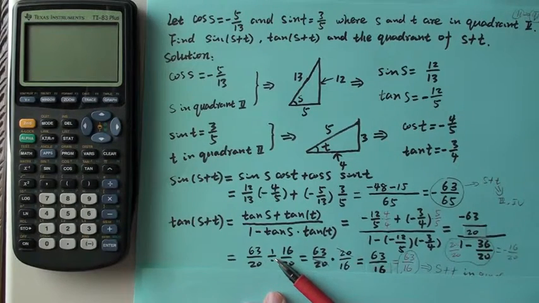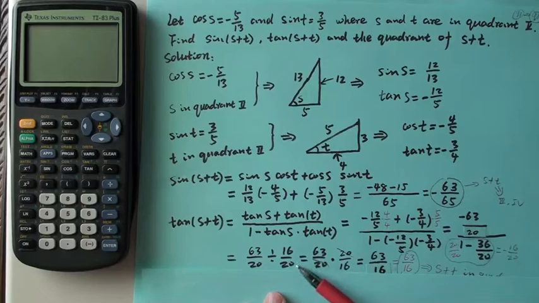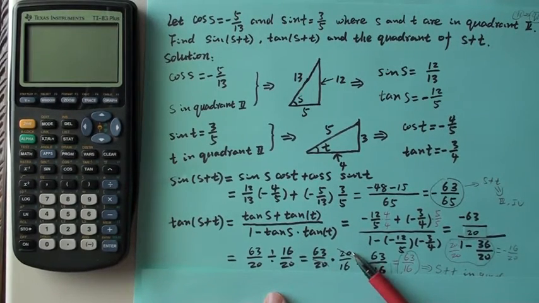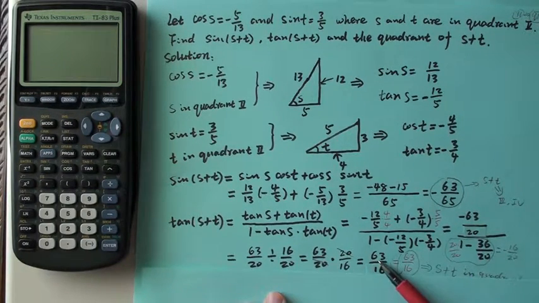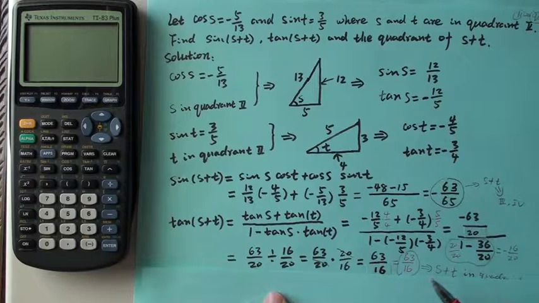Here is division. You want to change division to multiplication and flip those two. Cancel 20, and that's 63 over 16. I wrote it twice, you don't have to.